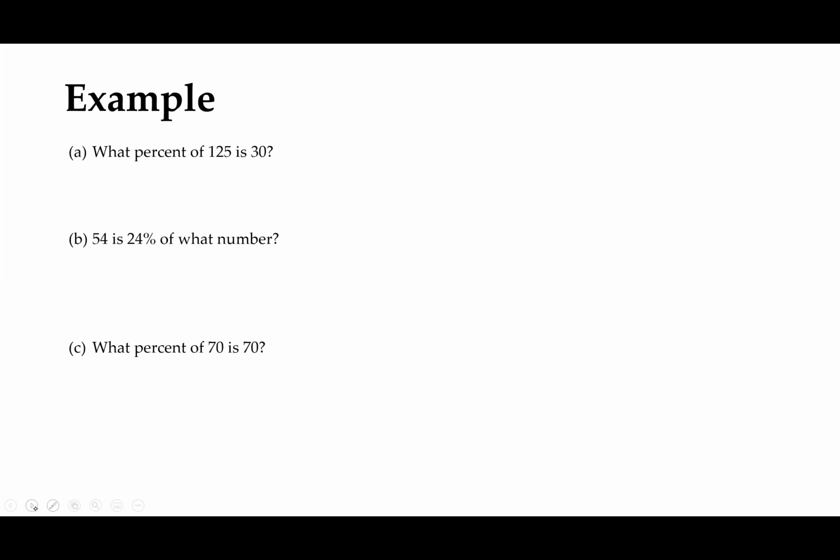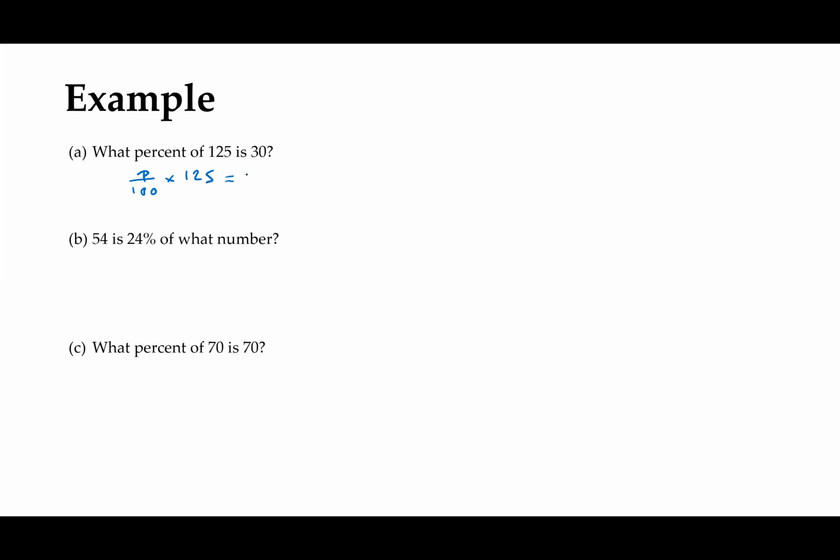All right, so let's try these. What percent of 125 is 30? Well, what percent? Didn't we just get done saying that what percent can be translated as P over 100? And of can be translated as times.